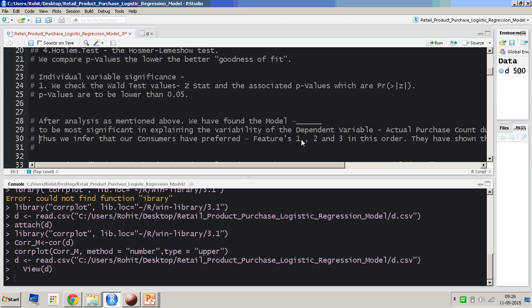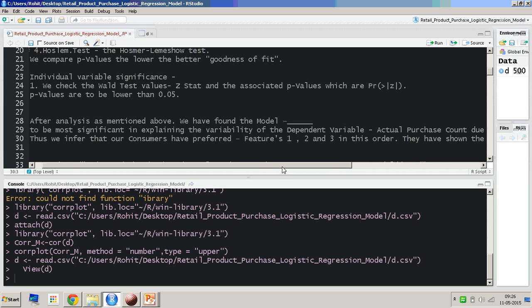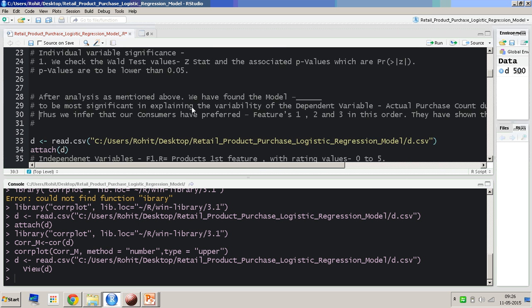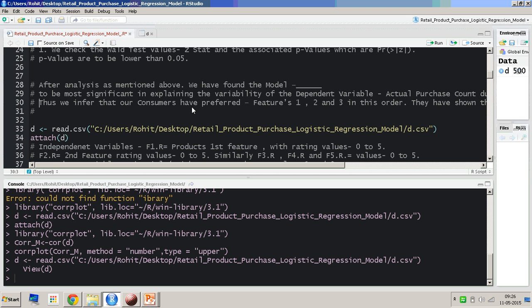Thus we infer that our consumers have preferred certain features, so those are feature 1, 2, 3, or whichever one is there. We will get to see that later. We don't necessarily know right now, because we've not created the models, we've not compared the models, we've not looked at the models for significance.